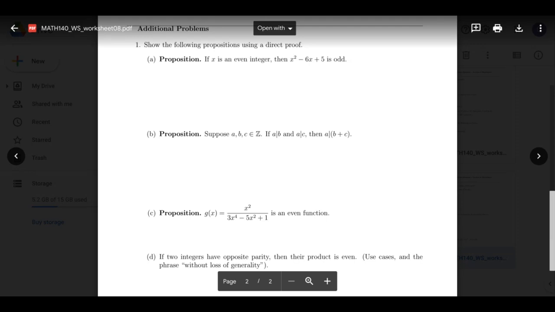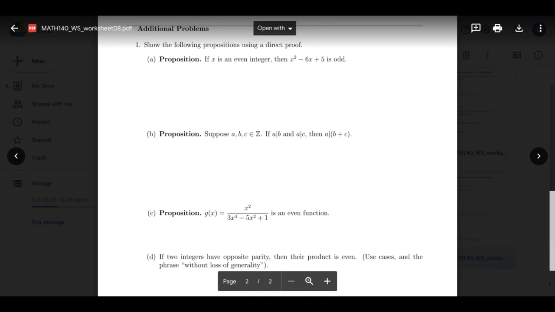All right. So he let x equal 2a. You just substitute x with 2a, then you do the calculation, and you have 4a squared minus 12a plus 5. And you want to write it in 2k plus 1 form. So you split 5 into 4 plus 1. Then you factor out 2 from the 3 even terms.